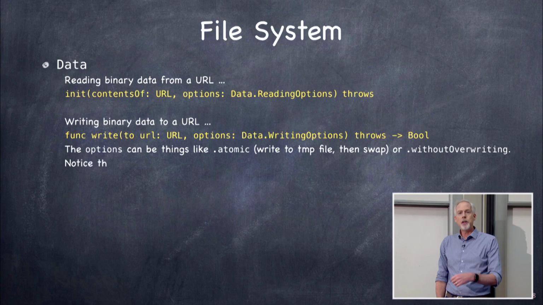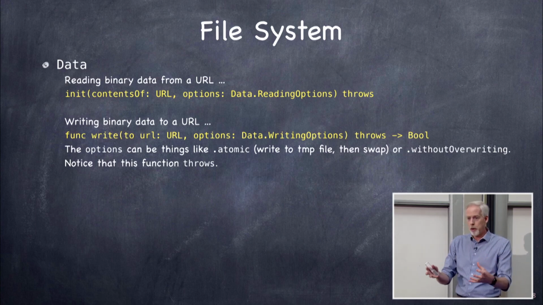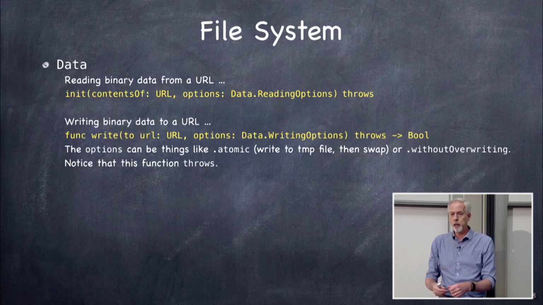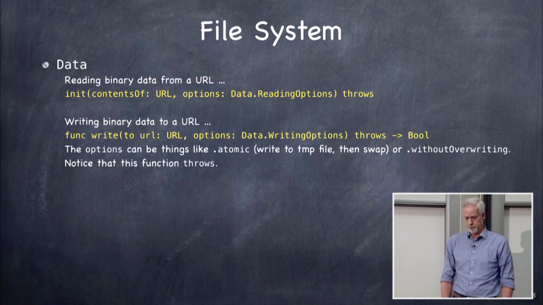And to write files, you're going to send this to Data: write to URL, and it also has options you can look at as well. So that is how we read and write to the file system. We have a Data, probably one we got by archiving the thing to JSON or whatever with our archiver, and we just read and write it with these two methods from the file system. So you can see it's all about just getting the right URL, and it's easy to read and write.